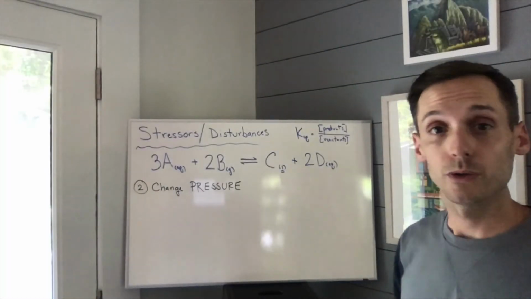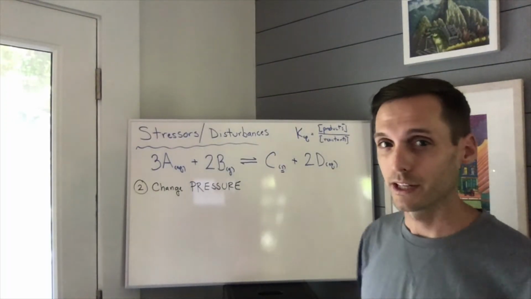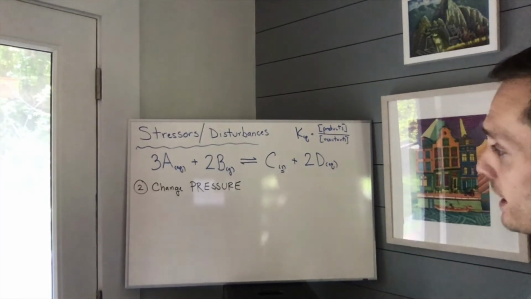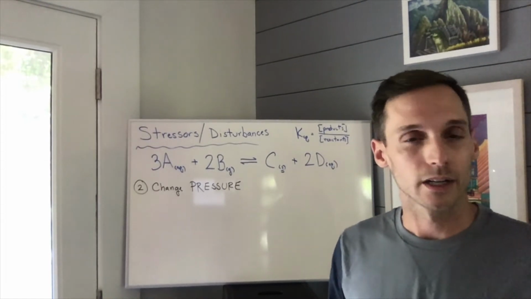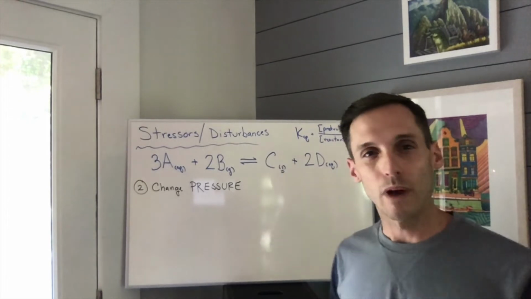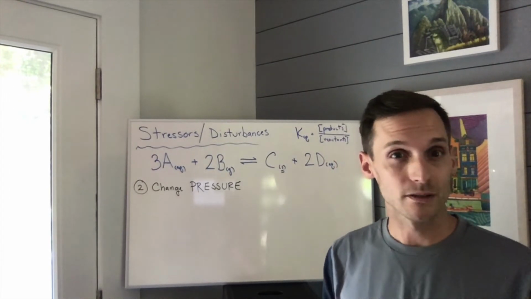Okay, so we are going to do the last two stressors now, and these are the trickier ones. They're a little trickier than the last one, so bear with me. So the next one is if we change the pressure at which we are completing a reaction. So maybe you can think of a way that you can easily change the pressure of your reaction vessel.